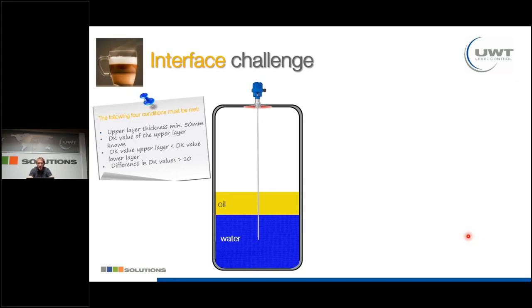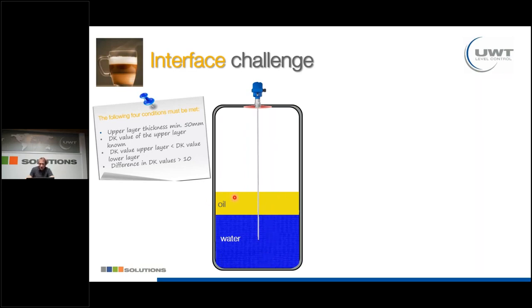We need a certain thickness of the upper layer; in this case, oil should be a minimum of 50 millimeters. The decay value needs to be known. The decay value of the upper layer shall be smaller than that of the lower layer, and the difference of those decay values should be greater than 10.